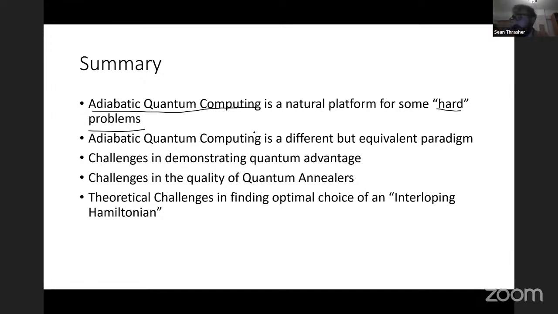Interesting. I haven't heard of the shortcuts to adiabaticity. I mean, in the literature there is quite an intimate connection with thermodynamics.